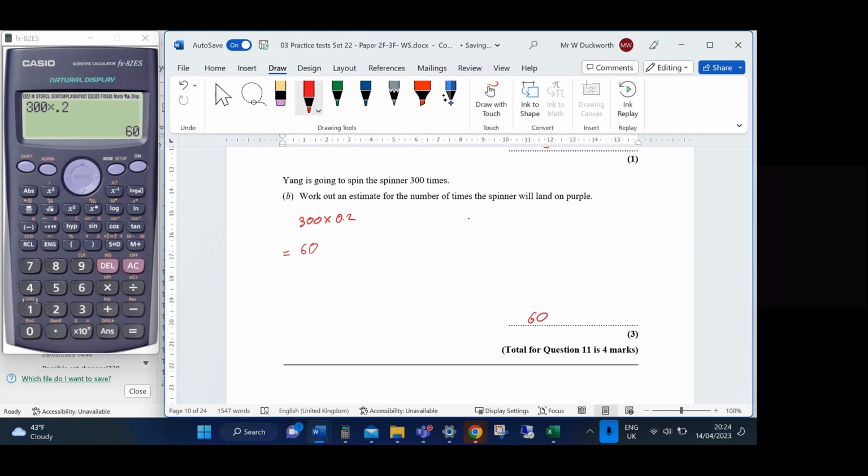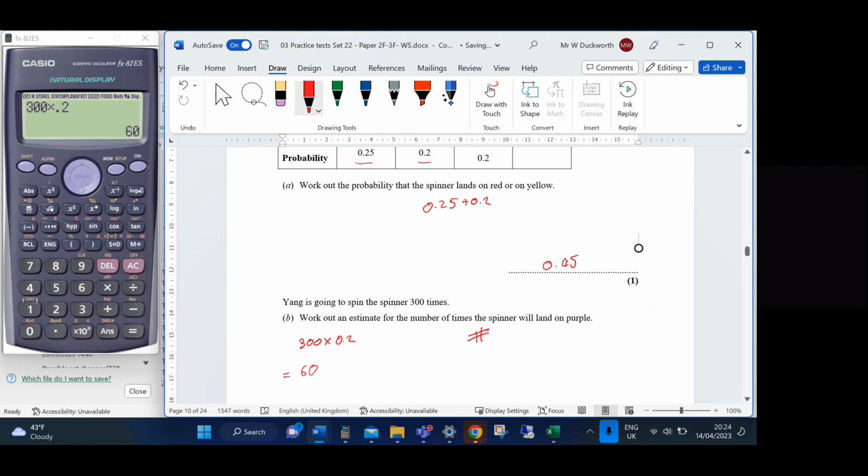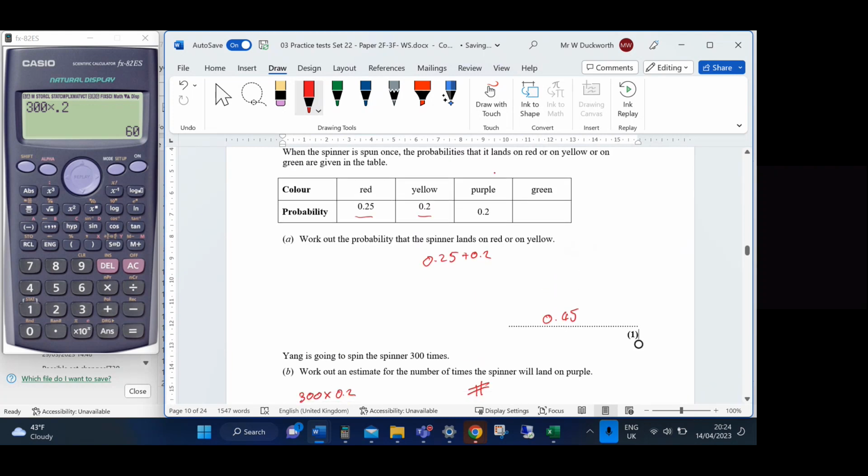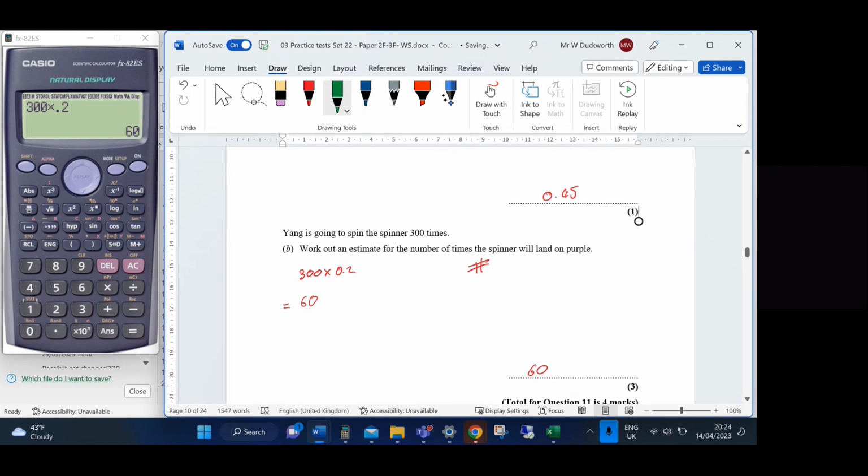I am actually going to do this just as a secondary, because that's not really worth 3 marks. There is a mistake in the question. The mistake is these two names should be switched over. So I'm going to do a separate one, I'll do it in green. So the number of times that it would have landed on green, I'll do as a second question.